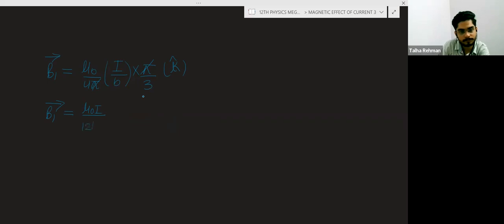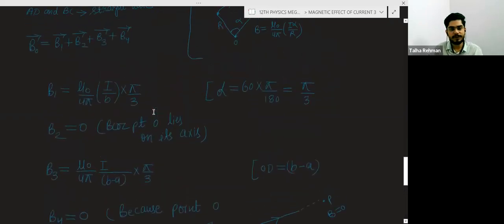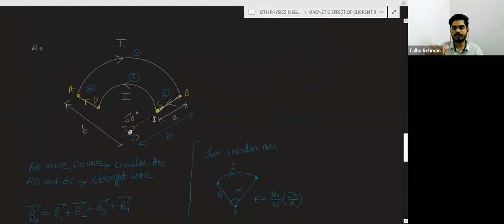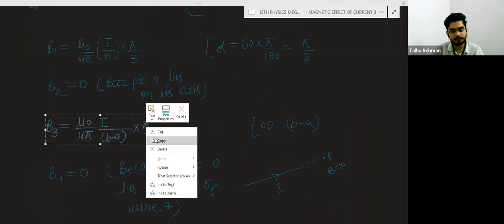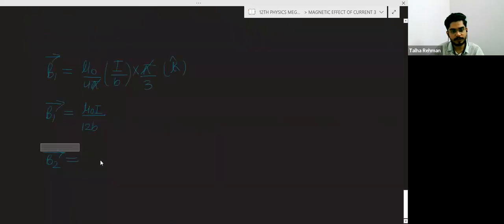For B2, what will you do? When you find the direction of B2, it comes towards you, meaning the positive z axis. So what is B2? Then for B3, because B2 is 0.